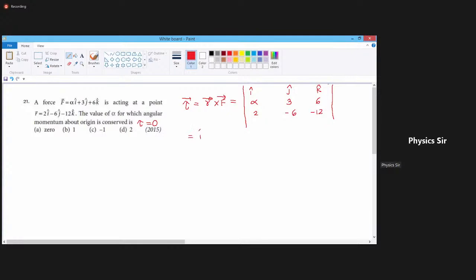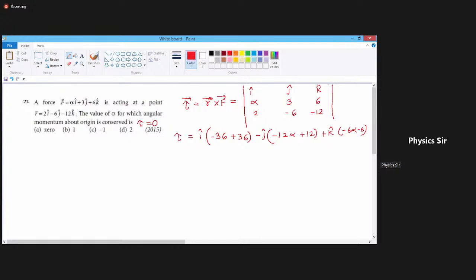So this will be equal to i cap times 3 into 12 minus 36, this is 6 into 6, so plus 36, minus j cap times minus 12 alpha plus 12, plus k cap times minus 6 alpha minus 6.